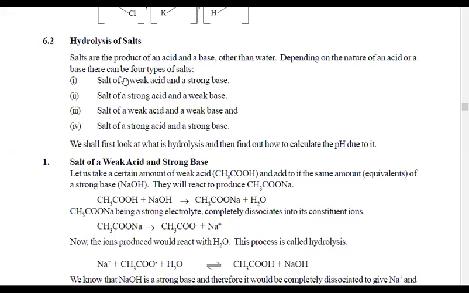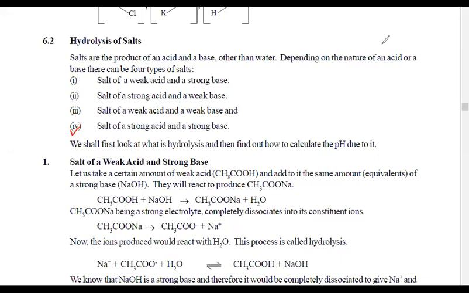Now, my question is, can all types of salt react with water to form acid and base? Let's take the example of the fourth one, the salt of a strong acid and a strong base.